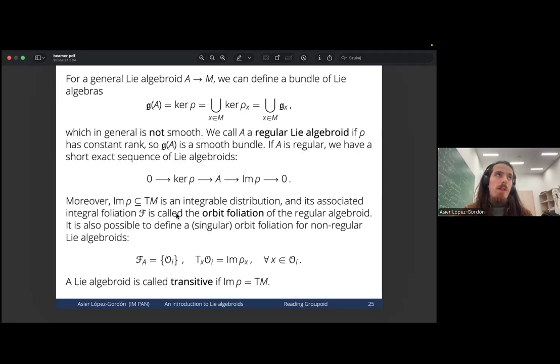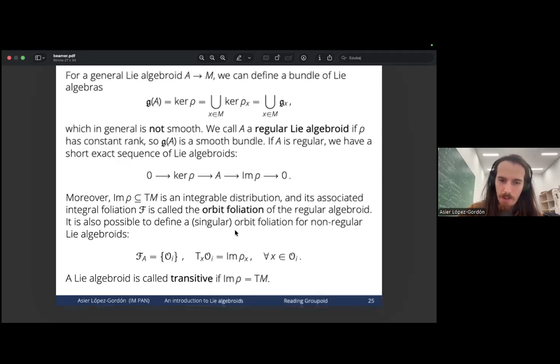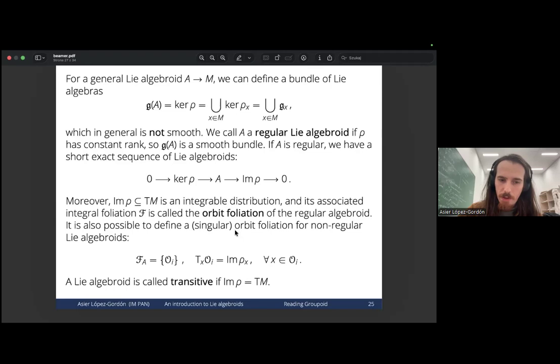So Lie groupoids and algebroids are closely related with the theory of singular foliations. Essentially, in this case one can still define an orbit space such that the tangent space of the orbit at the point x is the image of the anchor at that point, but these orbits in general will not be spaces of the same dimension.